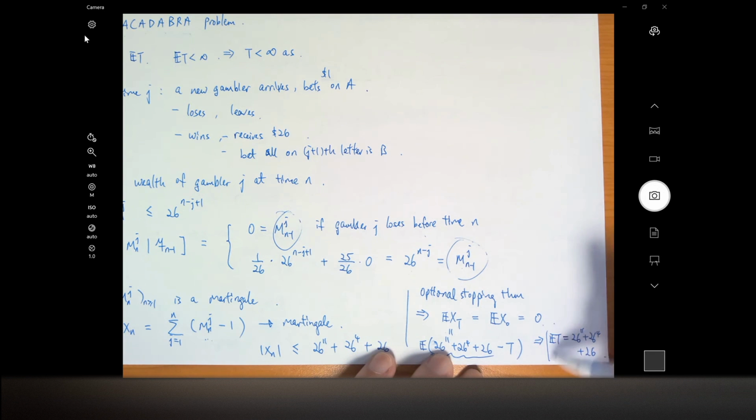So that's how we get this thing over here, that's how we compute the expectation.